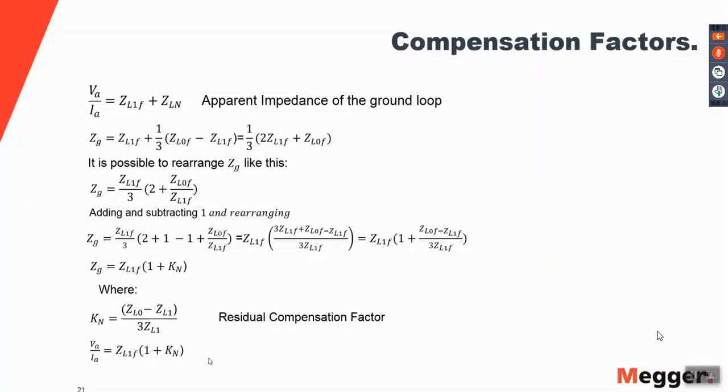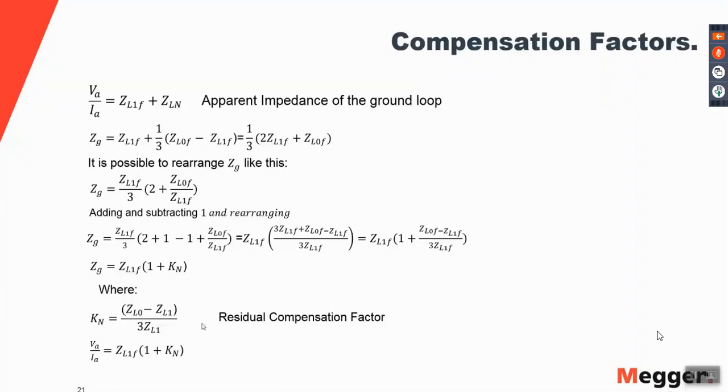Now, we did some sleight of hand here. We were using the positive sequence impedance to the fault, and then all of a sudden we came up with the absolute zero sequence impedance and the absolute positive sequence impedance of the line. This is possible because we can take out the factor that is the fraction of the line that is represented by the fault, because it's going to be the same for the zero sequence impedance and for the positive sequence impedance.